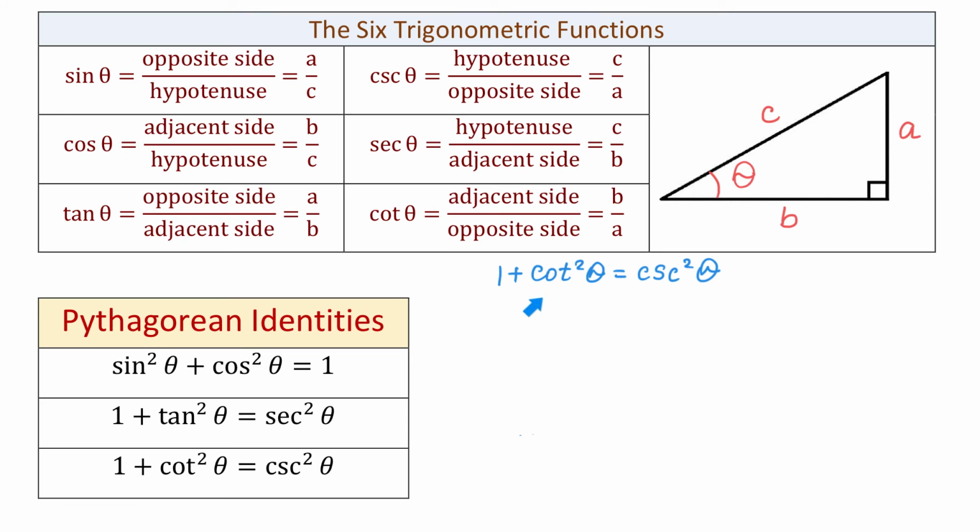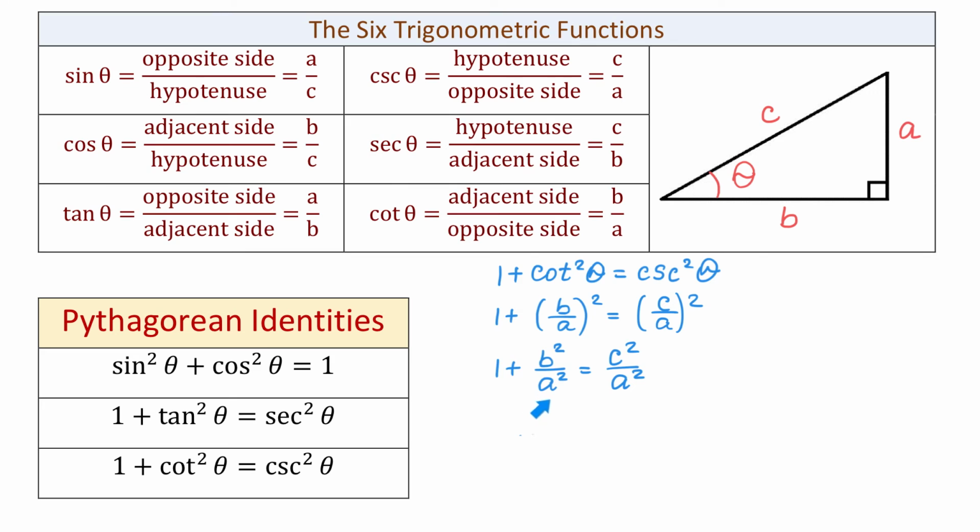And from above, cotangent of theta is b over a and cosecant of theta is c over a. Then we will have 1 plus b over a all squared equals c over a all squared. Then 1 plus b squared over a squared equals c squared over a squared.